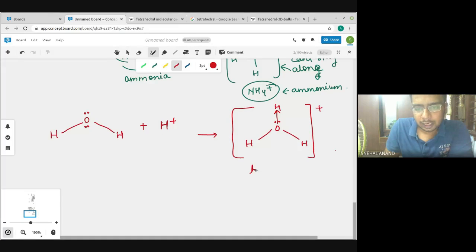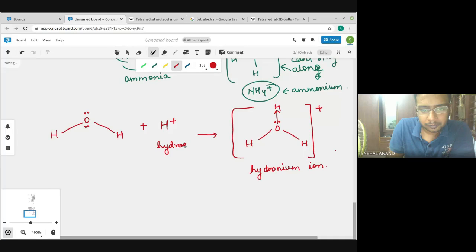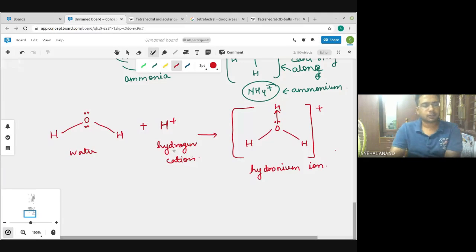This is called hydronium ion. This is like a hydrogen cation, and this is water molecule. So the hydrogen cation combines with a water molecule to form hydronium ion.